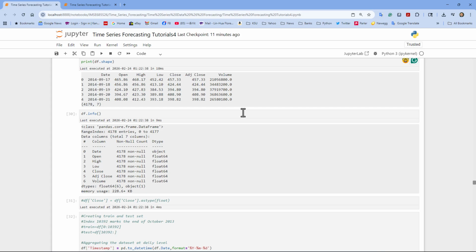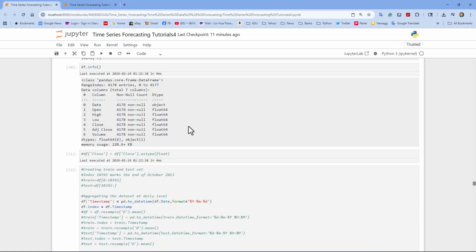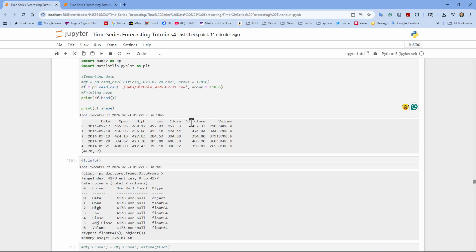Okay, so here we have 4,178 data points. So we're going to use this data set for today's illustration. Let's see how well our methods work on this particular data. Let's see if we can also extend this application to other stock prices or asset prices as well.